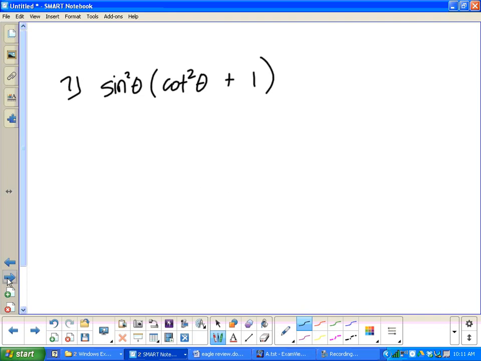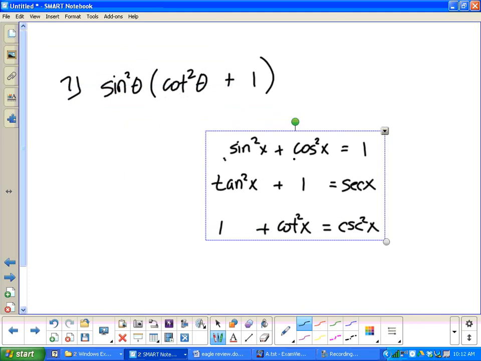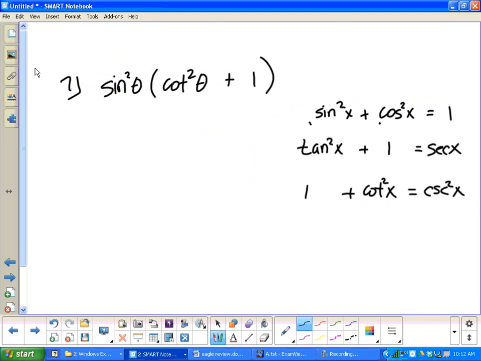All right, so number 7. Let me paste here. Now here again, it may be tempting to try to distribute, all right? But let's see if we can use a Pythagorean identity.